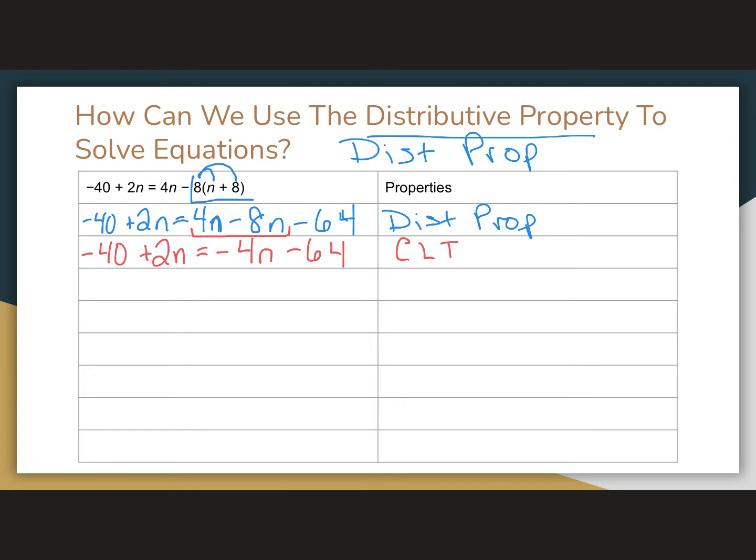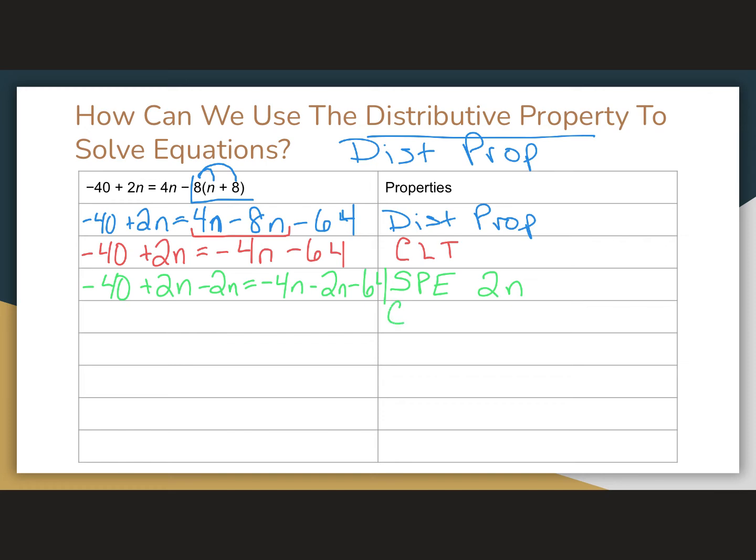Next, I am going to use SPE, and I'm going to subtract 2n from each side. So I have negative 40 plus 2n minus 2n equals negative 4n minus 2n minus 64.